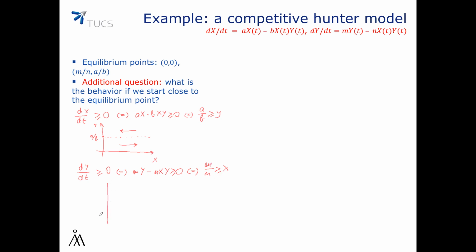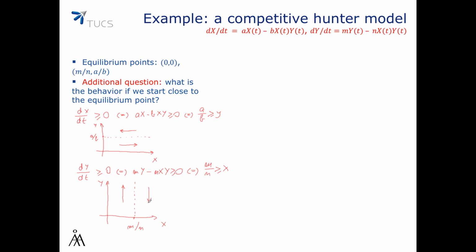And we can see this in this graphical way. If this is the value m over n, whenever x is on this side, we will have an increase in the level of y, and whenever x is on this side, we will have a decrease in the level of y.